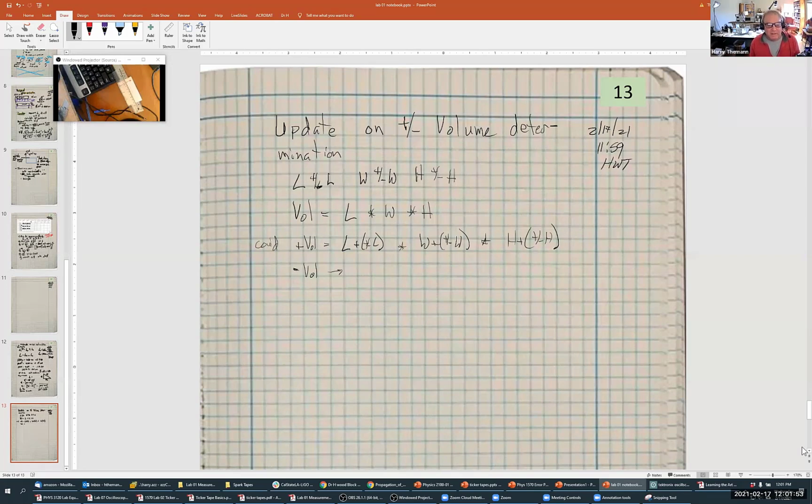So you remember from last time, the way to understand this is to remember the definition of fractional error. Fractional error is the plus minus of a value divided by the value, and we sometimes use the symbol lowercase delta.